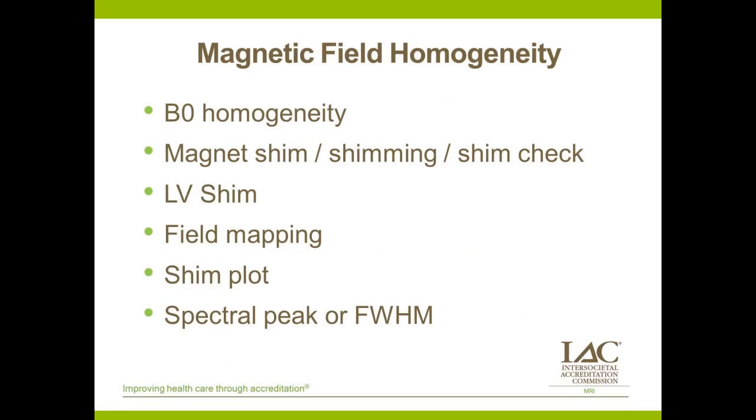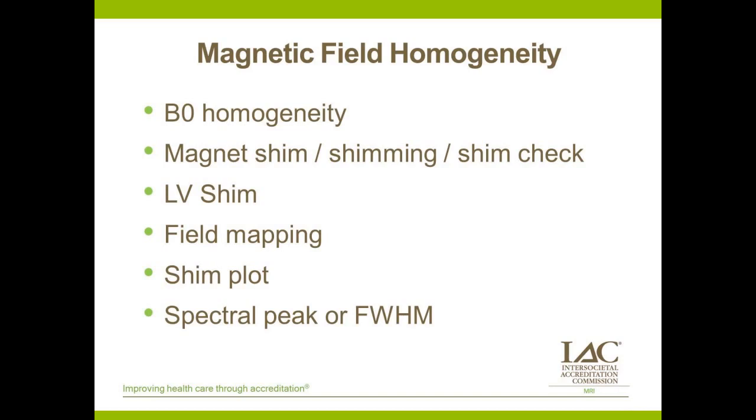Very often you will see this referred to as B0 homogeneity or inhomogeneity. Oftentimes, company documentation will refer to this as magnet shim or magnet shimming. They may refer to a procedure called a shim check or a shim test. One manufacturer uses a procedure called an LV shim. So if you see something in a document that refers to an LV shim procedure, that's what this is. You may see terms like field mapping or shim plotting, right?